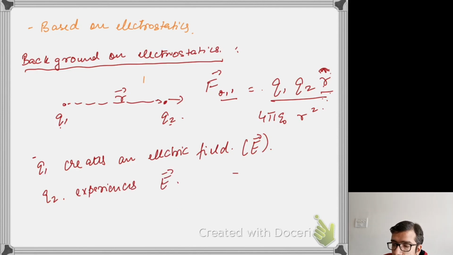Now how do we understand this? Let's say that when you have a point charge q, it creates a field around it.